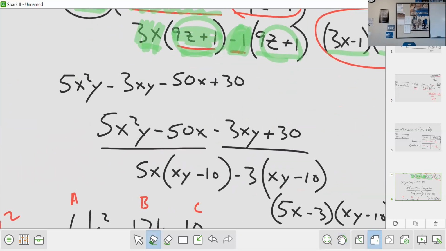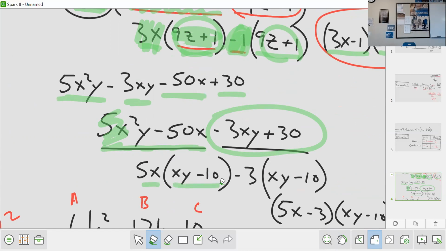Now this next one, again, I need to regroup. So I have this term, and I want to group it up with this term so that I can have an easier time factoring. That's what I did when I put these two together. And then what's left is my negative 3xy and my plus 30, which is from here and here. So here I factor out a 5x, I get this, and what I have left is an xy minus 10.